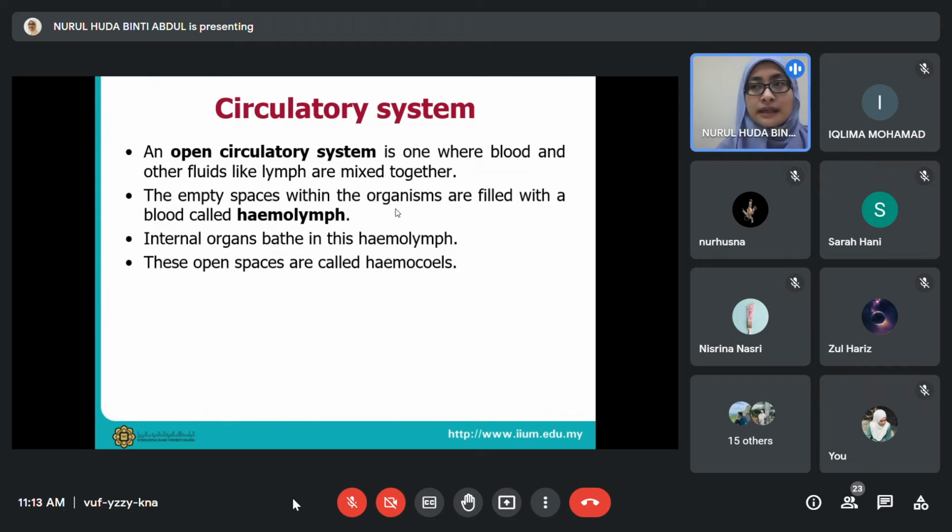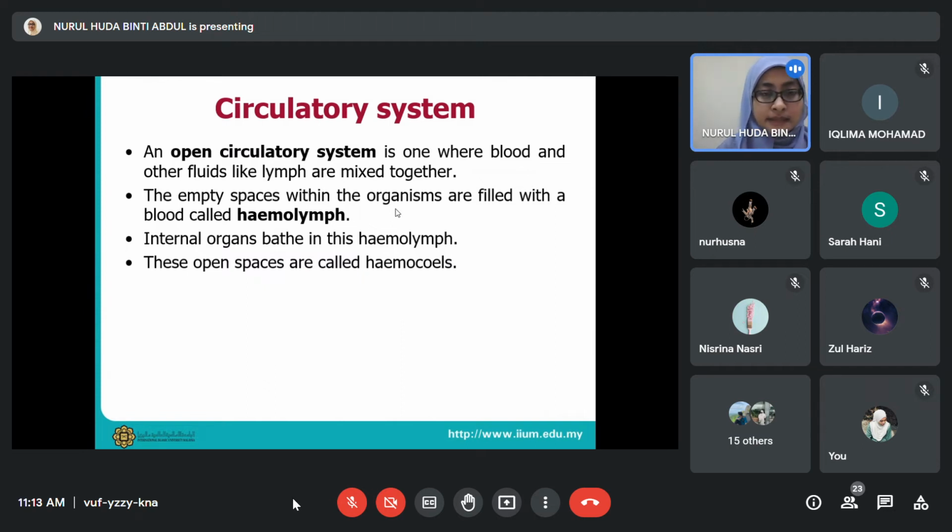Now you imagine that we have blood vessels but they don't have blood vessels. So everything is combined. There are parts that are a bit like vessels, but the others all circulate around the body. So all the internal organs are bathed in the hemolymph. Everything sits in this kind of liquid.